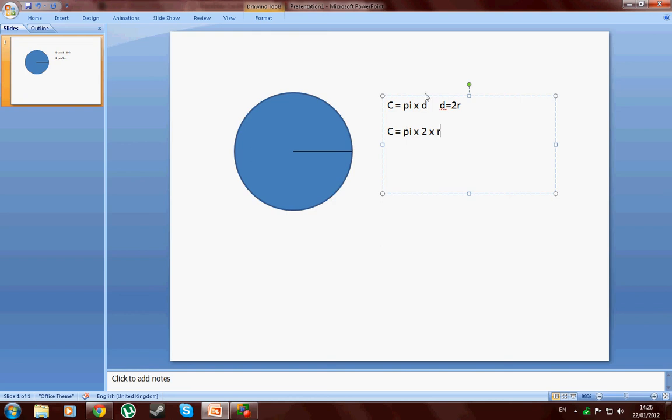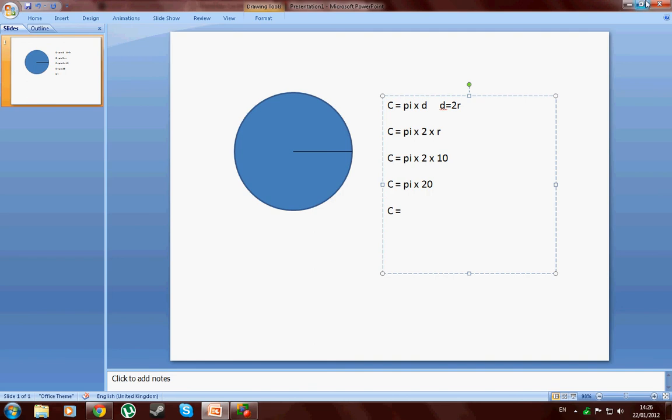Or you could just double the radius to get the diameter, but you can see that's doing exactly the same thing. So, with a radius of 10, C equals pi times 2 times 10. That's 20, so C equals pi times 20. Now you get your scientific calculator out.